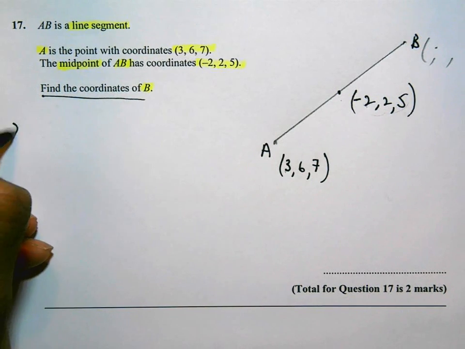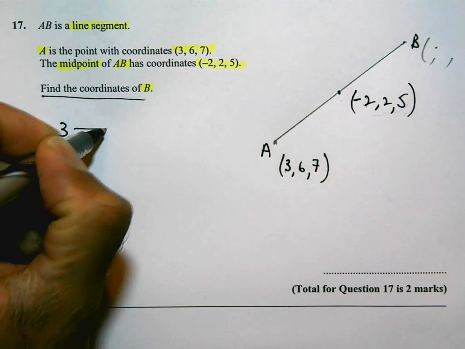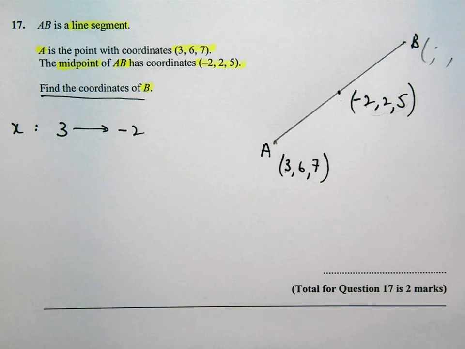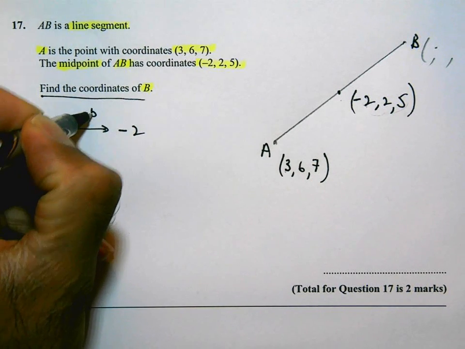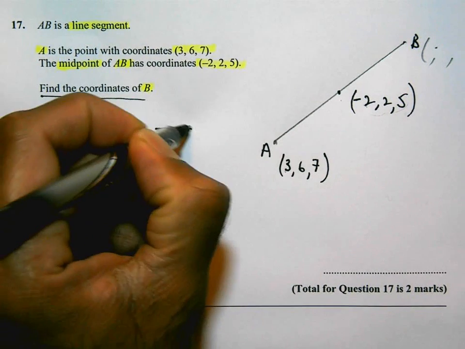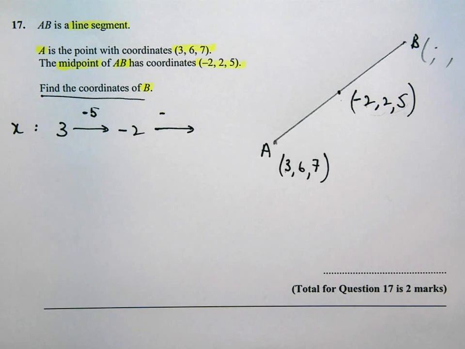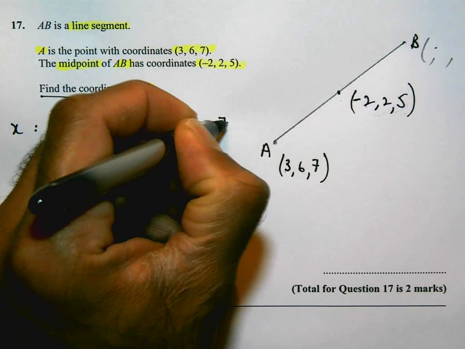what do I do to 3 to get -2? So I need to take away 5 from 3 and I'll get -2. So if I take away 5 again, this time from -2, the x coordinate of B is going to be -7.